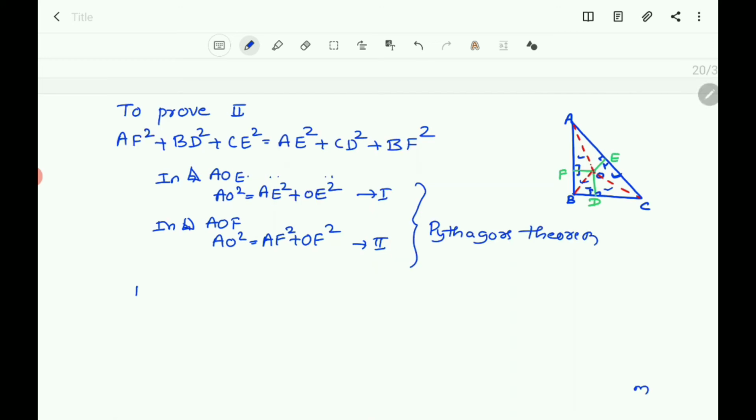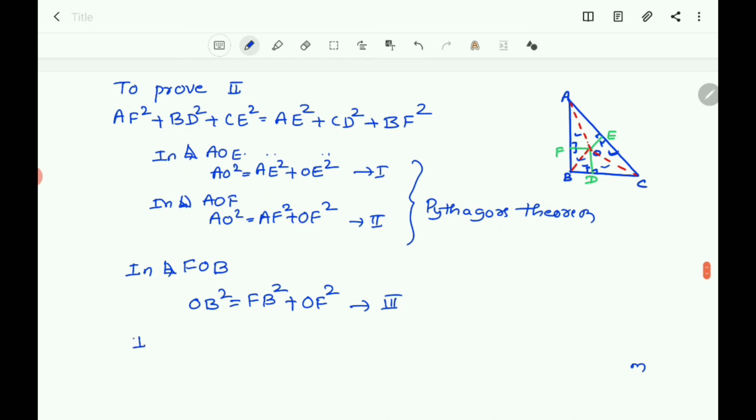Now take the right angle triangle FOB. Apply the Pythagoras theorem. Which is the hypotenuse here? OB is the hypotenuse. You write OB square is equal to BF square plus OF square. Consider this the third.